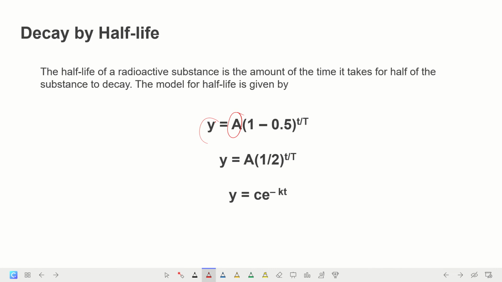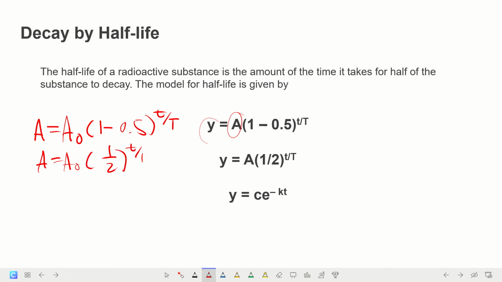So instead of y in this one, let's just use A. So A is equal to A sub 0 times (1 minus 0.5) raised to t divided by T, or dito pwede rin A is equal to A sub 0 times 1/2 raised to t divided by T, or A is equal to A sub 0 times e raised to negative kt.